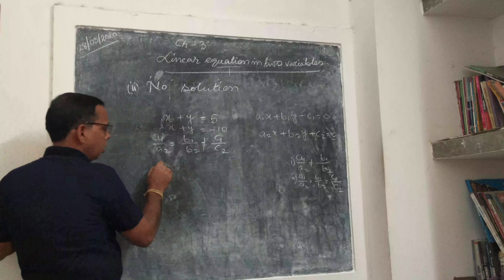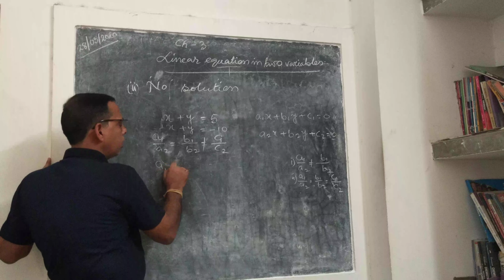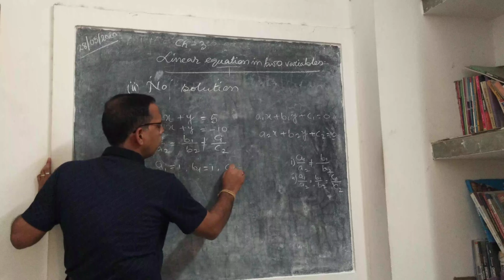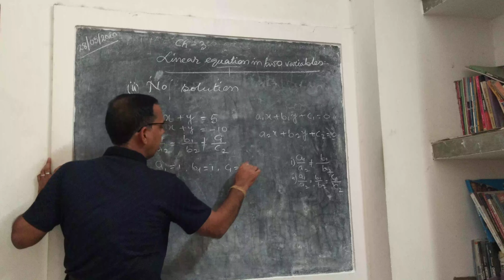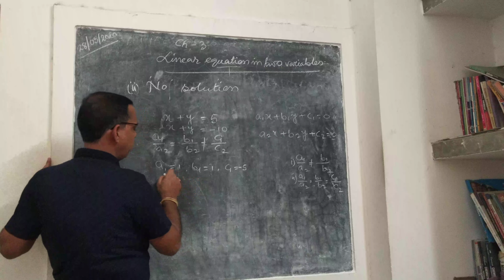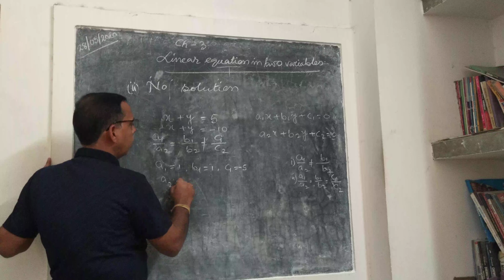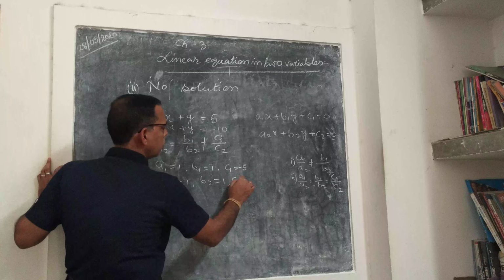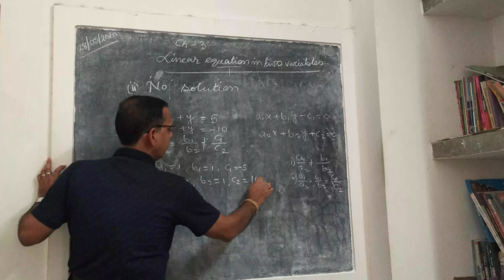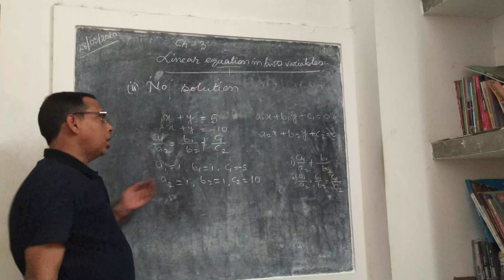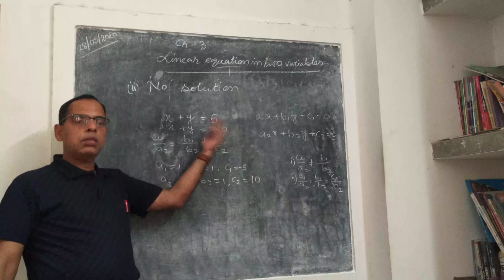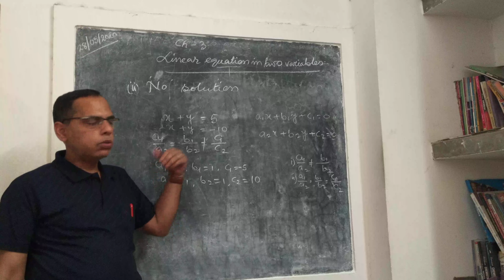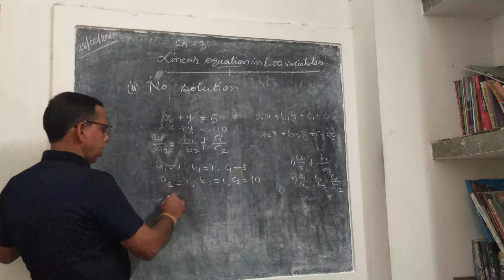Then you see, A1 equal to 1, B1 equal to 1, C1 equal to minus 5, A2 equal to 1, B2 equal to 1, C2 equal to 10. Now it will be 10 because it is minus 10: when you change the side, when you come to the left hand side, it will become positive. So it will be plus 10. Now you check.